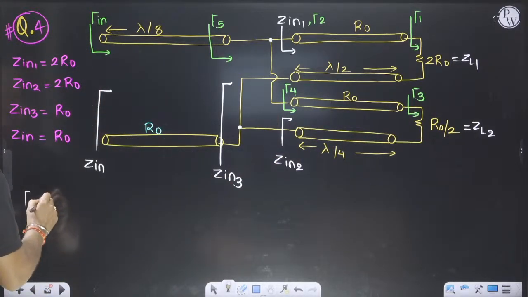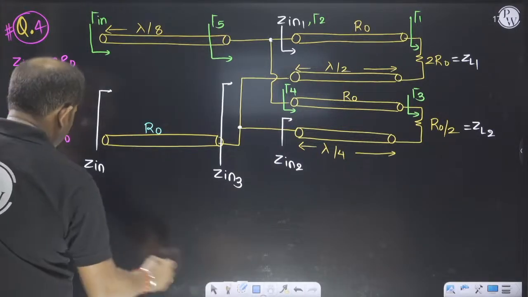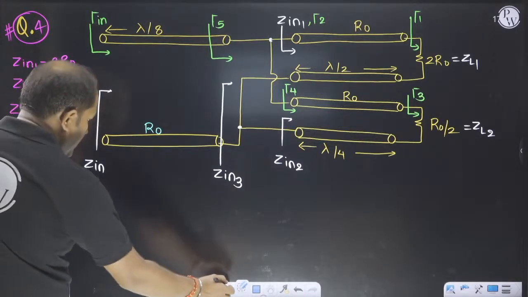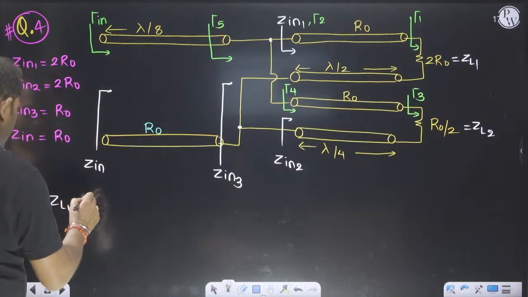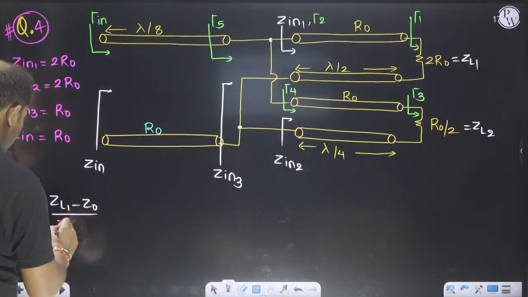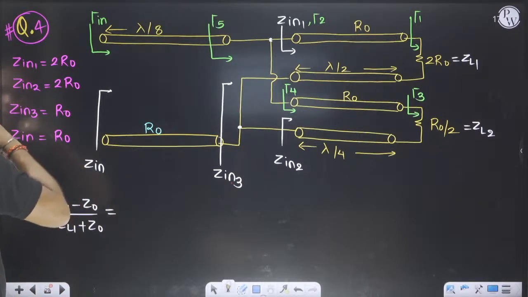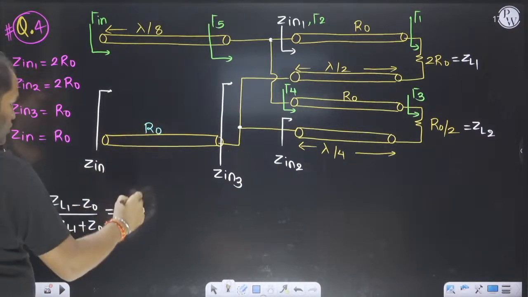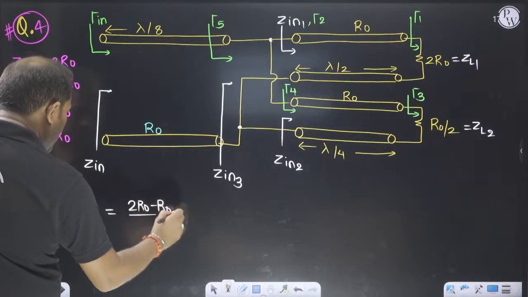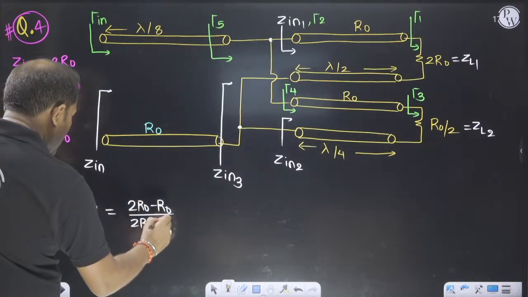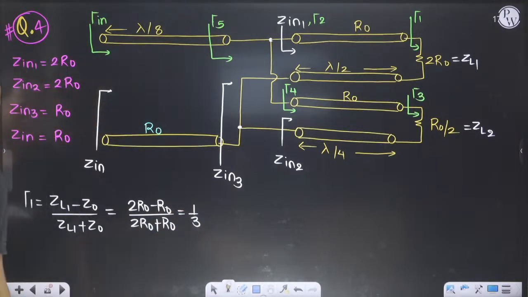Gamma 1 is ZL1 minus Z0 divided by ZL1 plus Z0. ZL1 is 2R0 and Z0 is R0, so it is 2R0 minus R0 divided by 2R0 plus R0. It will be 1 by 3.